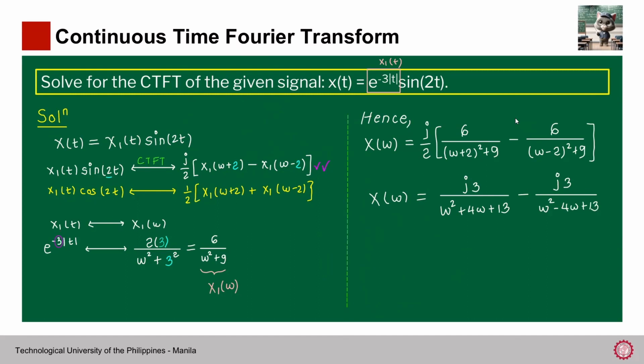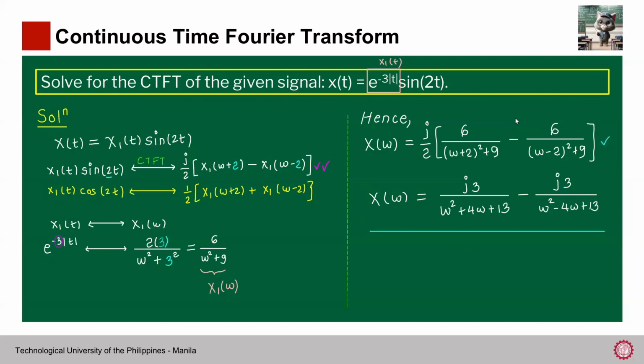You can just leave it as it is. The form above is also okay, so this form is also acceptable even if you don't combine the fractions. So that's the solution for this problem. I think we are correct.